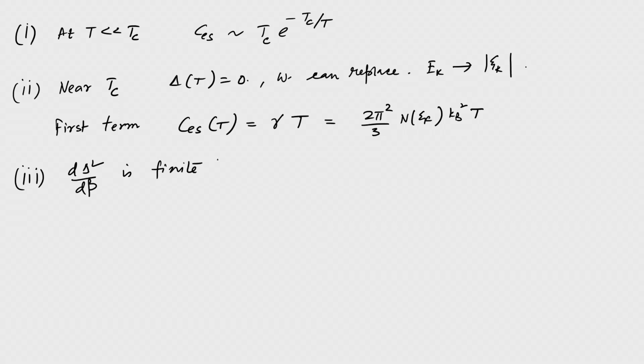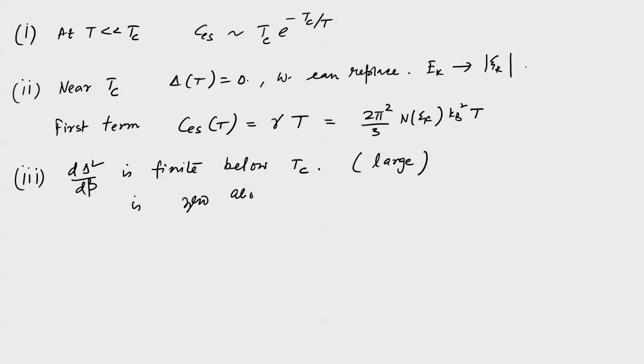below Tc, and in fact, it is large, not only finite, because the variation of delta with respect to temperature is very sharp there, but this is equal to 0 above Tc when delta completely vanishes altogether.